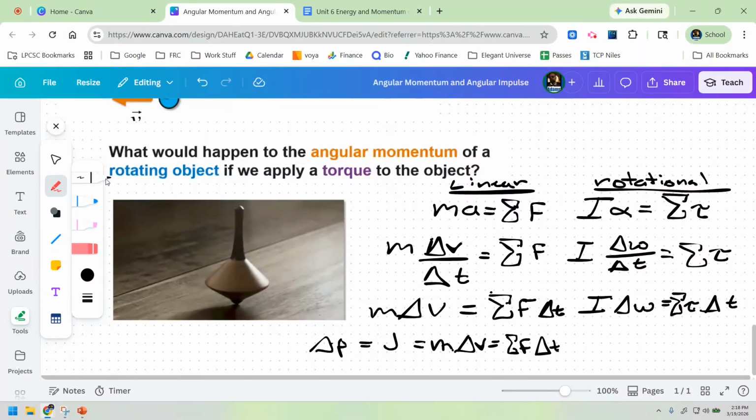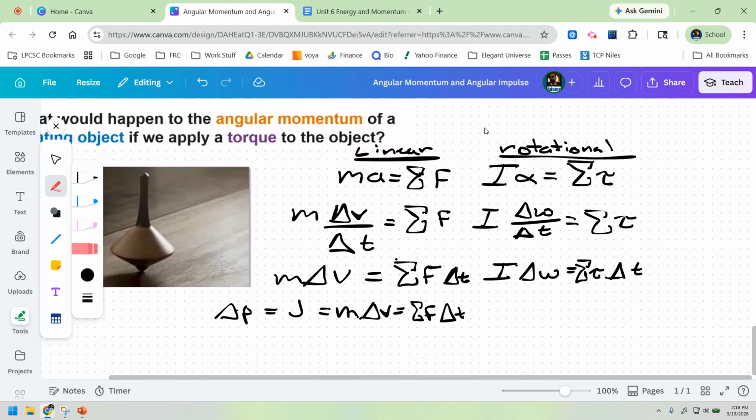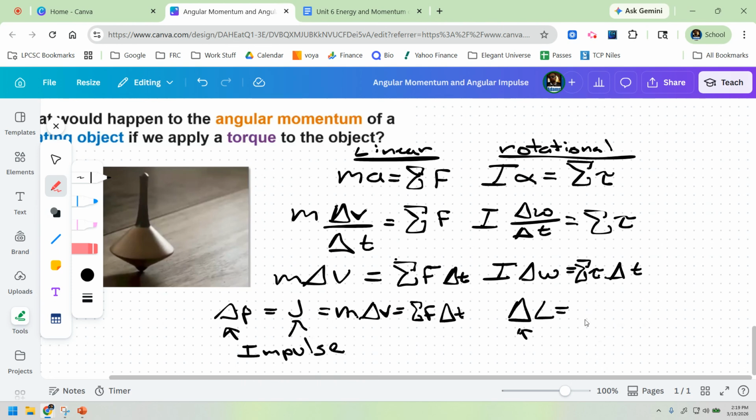And then let me move this over a little bit. Then that would mean that my change in angular momentum, which is really angular impulse, right? So remember this is a change in momentum. This is impulse. Now we use the letter J for that.